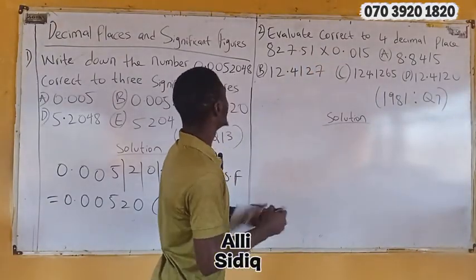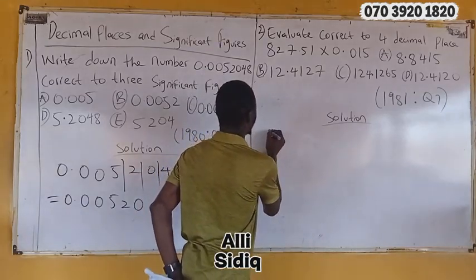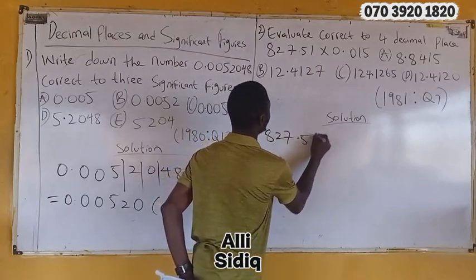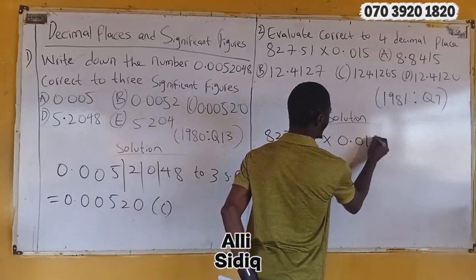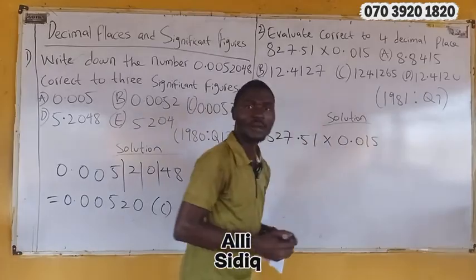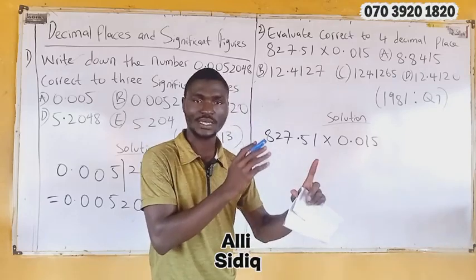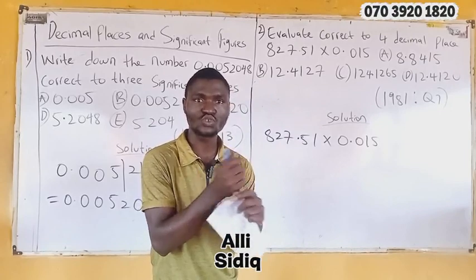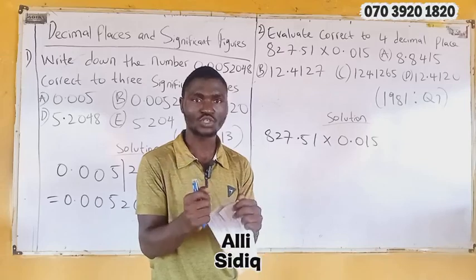So now let's continue. Let's start. 827.51 times 0.015. In your JAMB, you'll be given a calculator or your system. What we call a basic calculator means you can only use it to do normal multiplication and addition, not complex calculation.